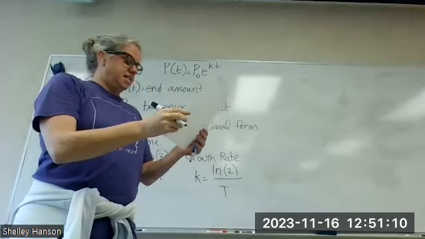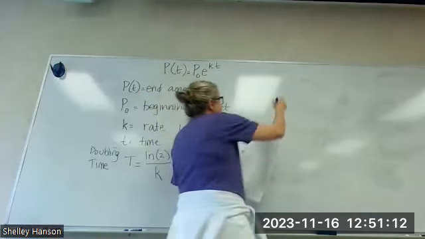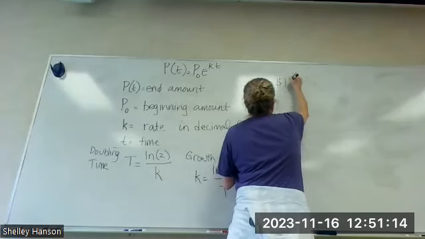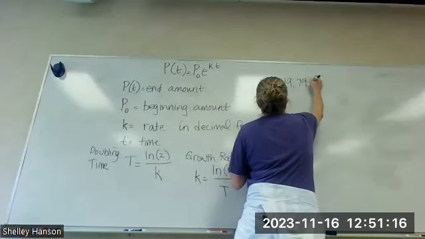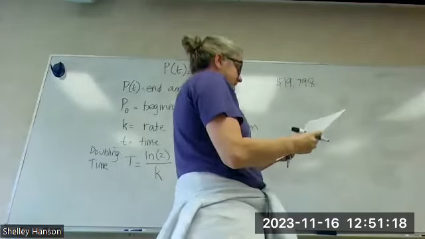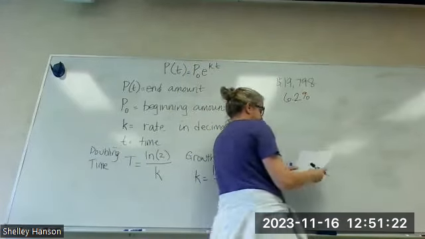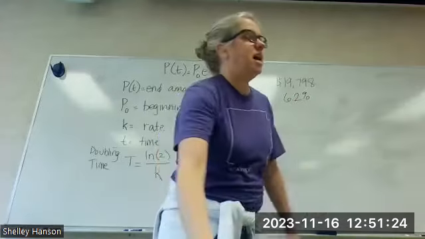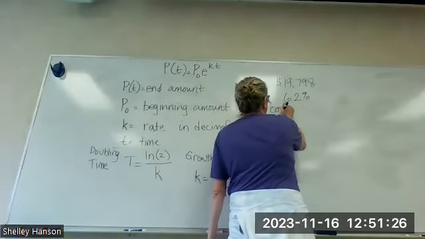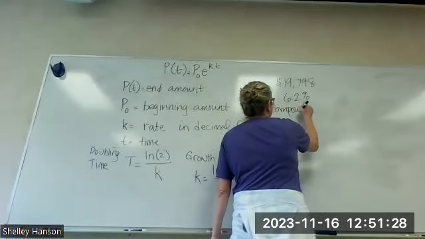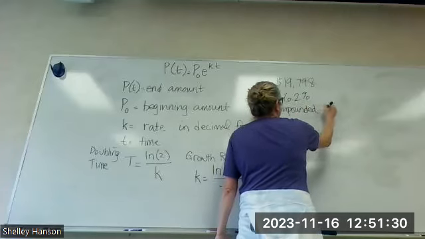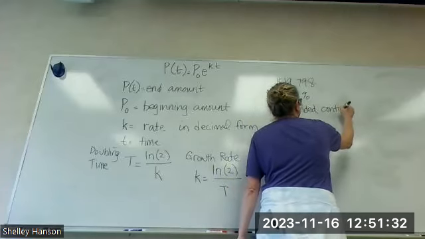Suppose that $19,798 is invested at an interest rate of 6.2%. Here's the difference. It says compounded continuously.